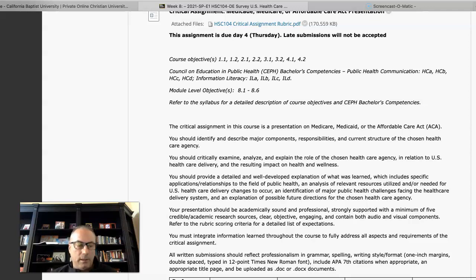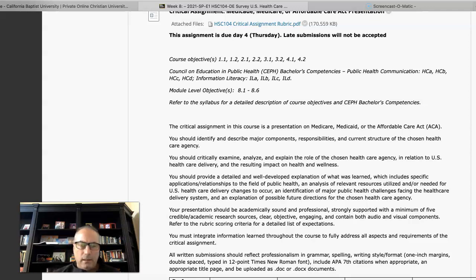Also, calling inanimate entities by personal pronouns: hospitals are not a they, it's an it. The Joint Commission is not they, it's an it. Things like that.